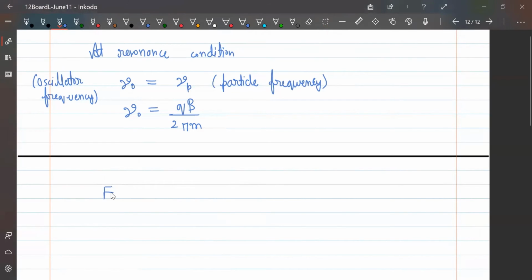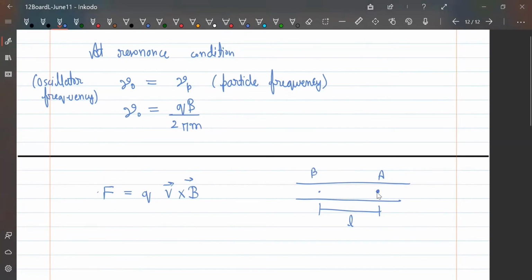Let us say F is equal to QV cross B is the formula, and in a conductor of length L, a charged particle is going from point A to point B with speed V.